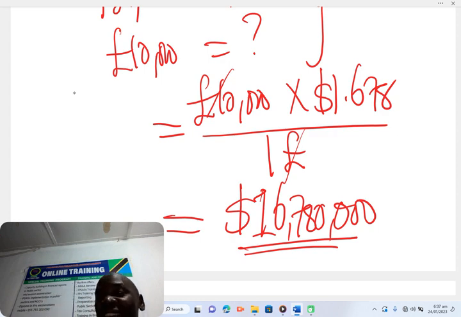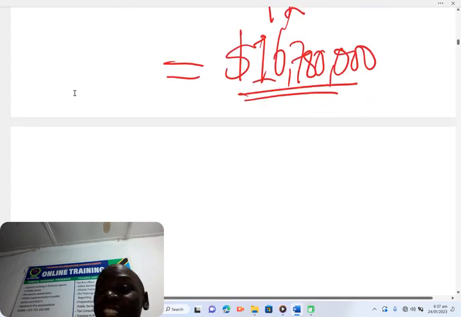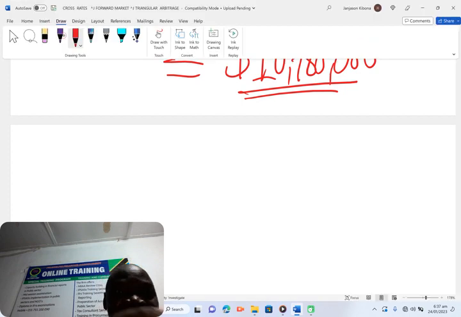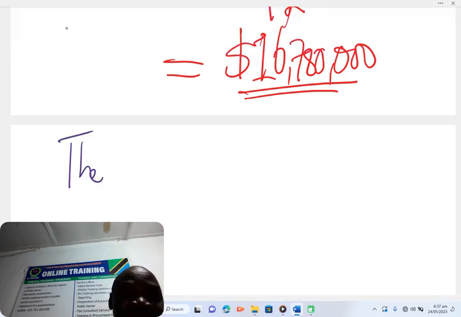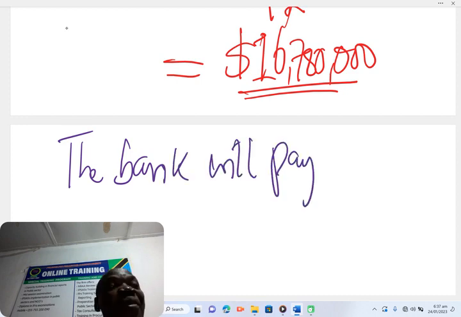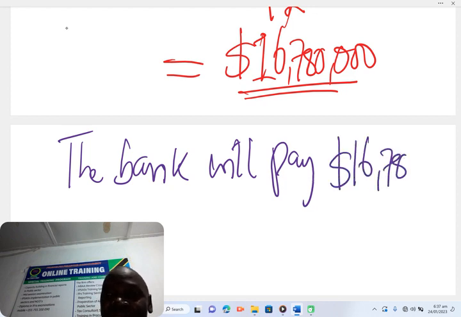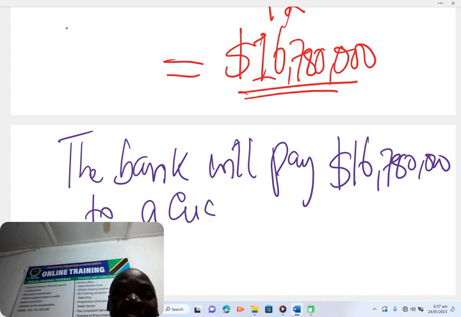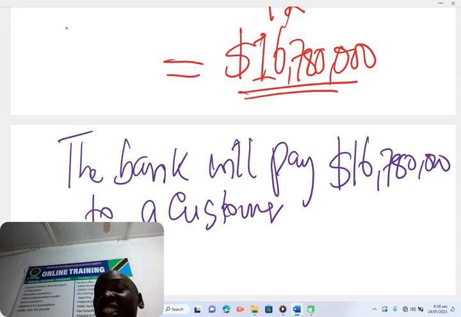So a bank in a statement, I'll write in statement now. You have to state in statement. We're saying the bank will pay how many? $16,780 will pay this dollar to a customer. I repeat, the bank will pay how much?